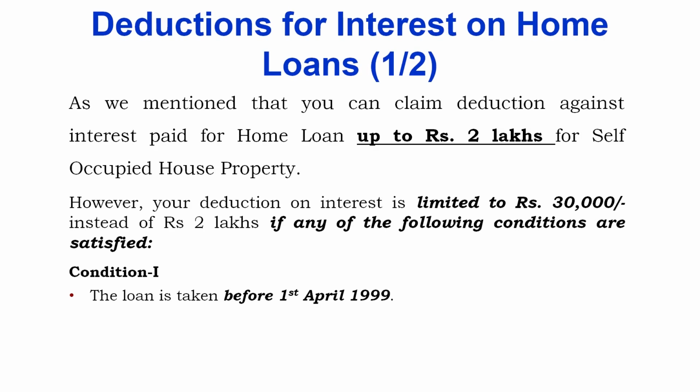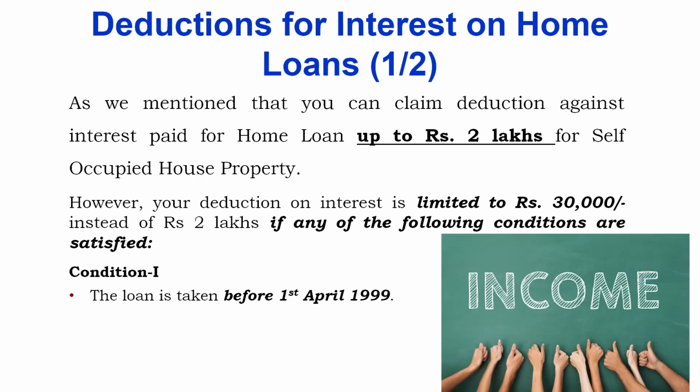As we mentioned, you can claim deduction against interest paid for home loan up to rupees 2 lakhs for self-occupied house property. However, deduction on interest is limited to rupees 30,000 instead of rupees 2 lakhs if any of the following conditions are satisfied. Condition 1, the loan is taken before 1st April 1999.